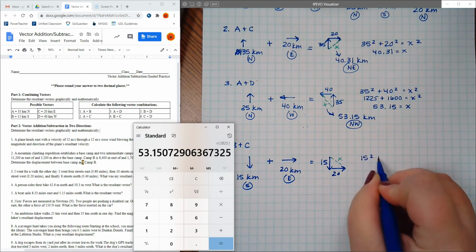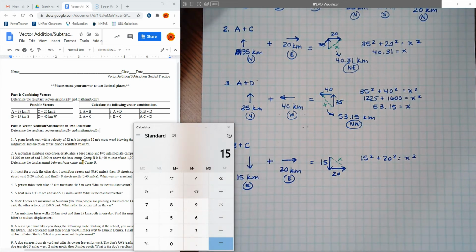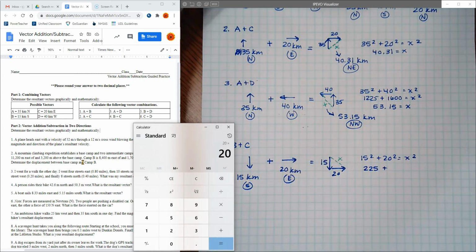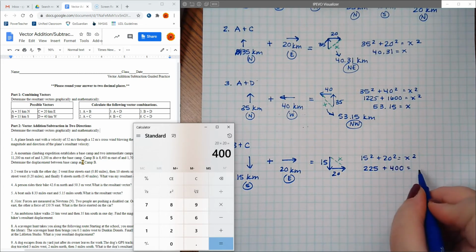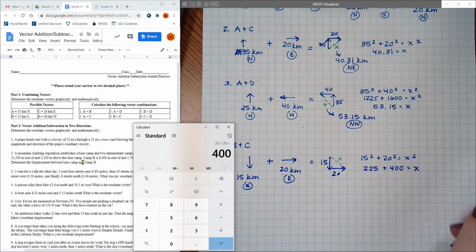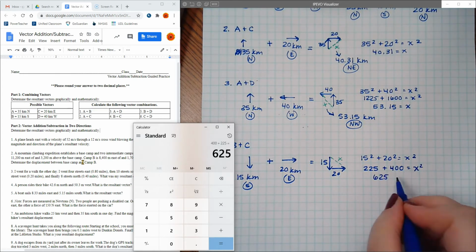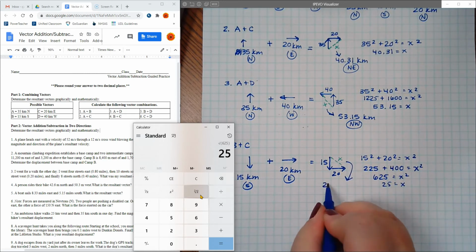I have 15 squared plus 20 squared equals X squared. So then X equals 25 kilometers, and it's in the southeast direction.